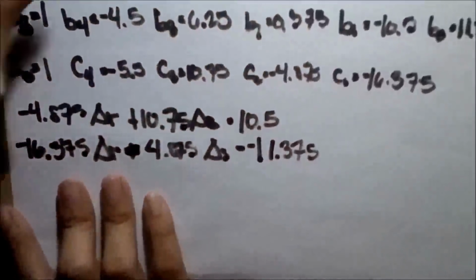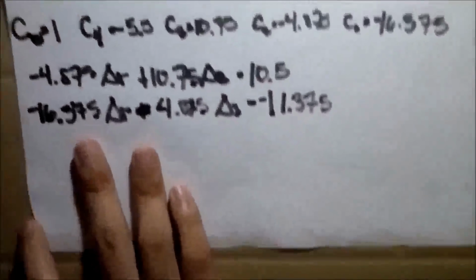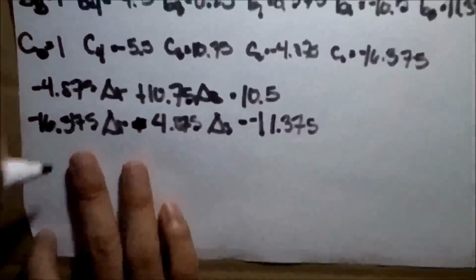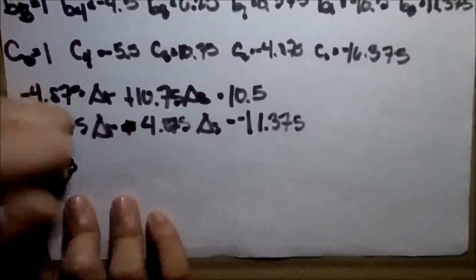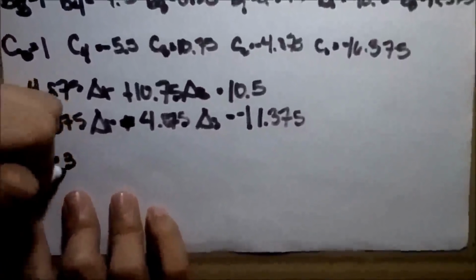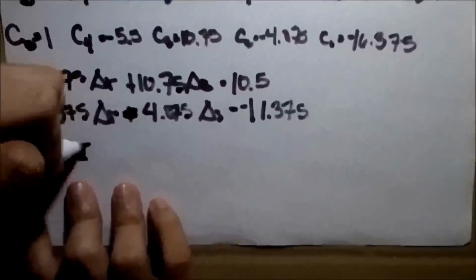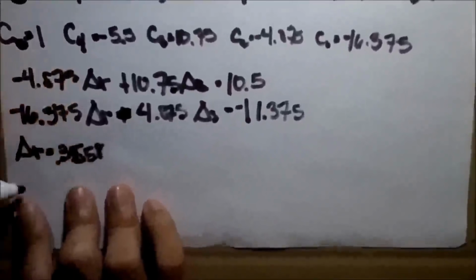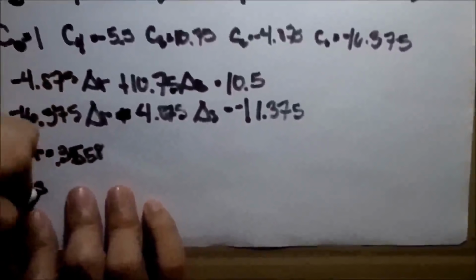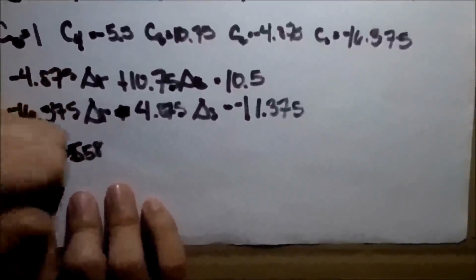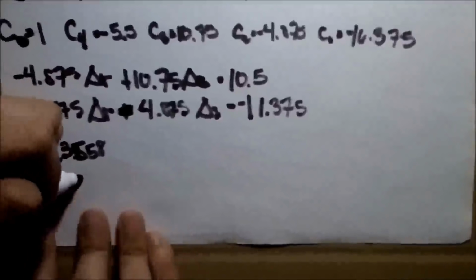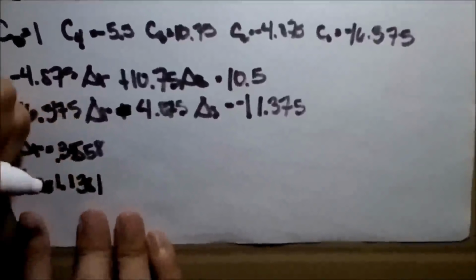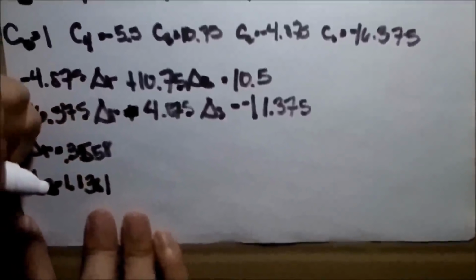With the process of elimination or substitution, the delta r will be 0.3558 and the delta s will be 1.1381.